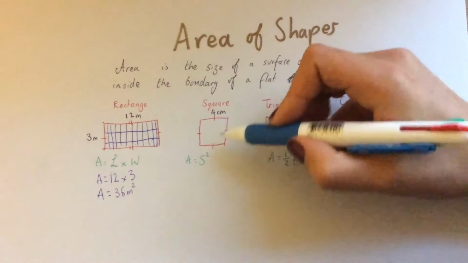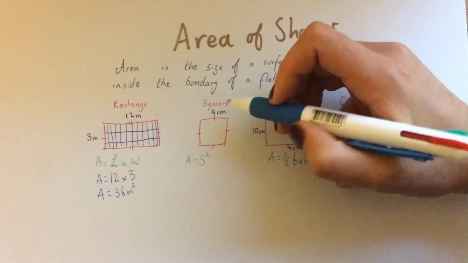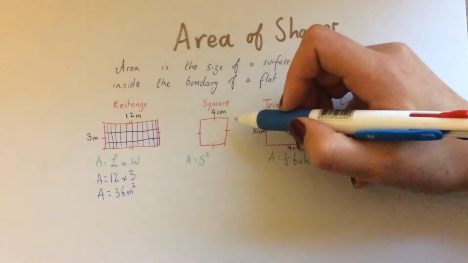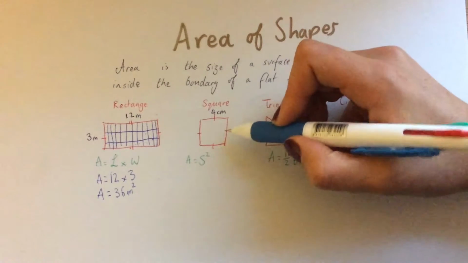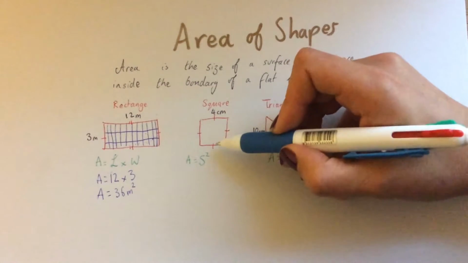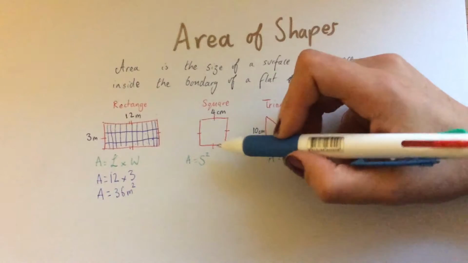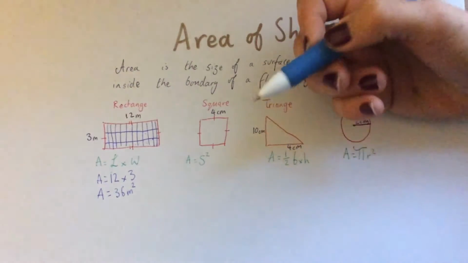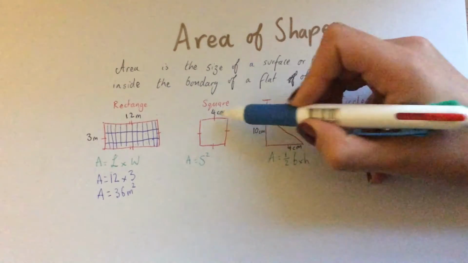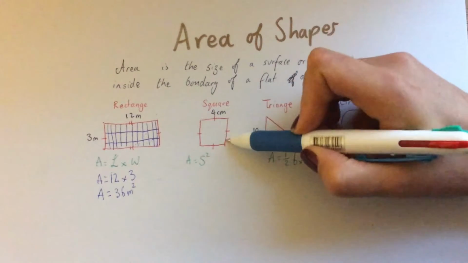Okay, hope that helped. So now moving on to our square. A square is a unique one because we actually only need one measurement. The reason being is that all sides of a square are congruent, meaning that they are exactly the same or they equal one another.